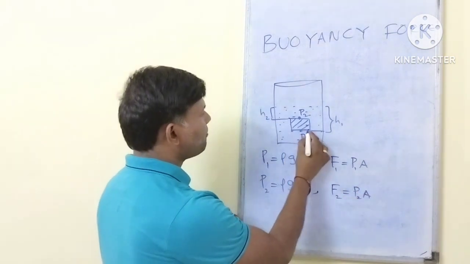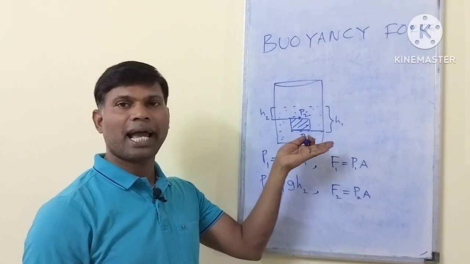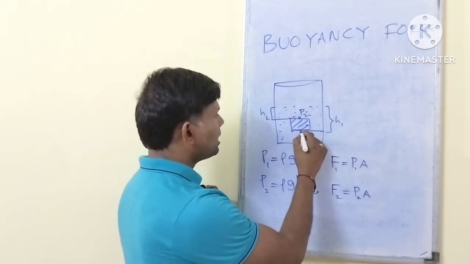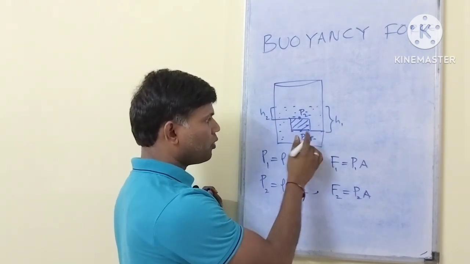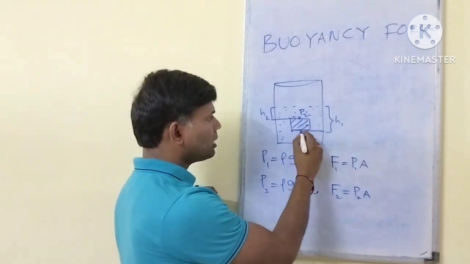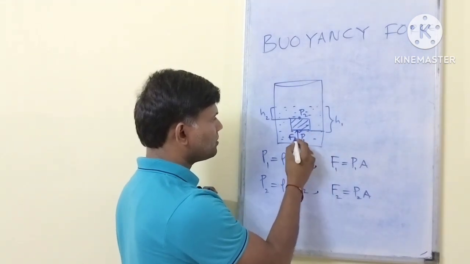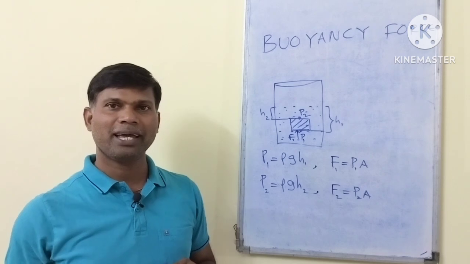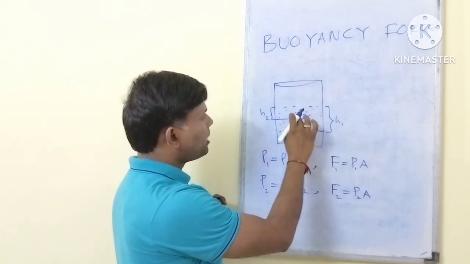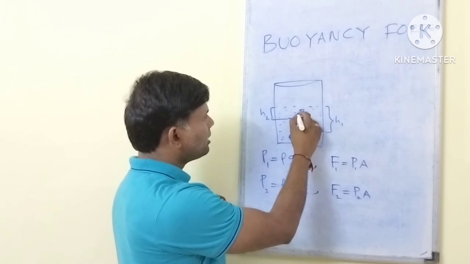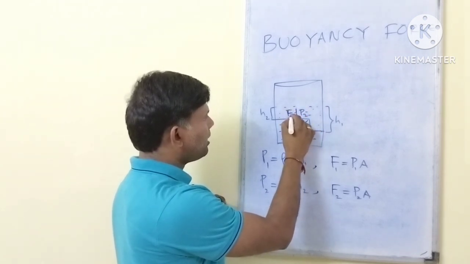Suppose for this surface, the force direction here at this point, due to pressure of the fluid P1, the force is upward. This is F1 force. Here the pressure due to the fluid, the force will be downward, that is F2.